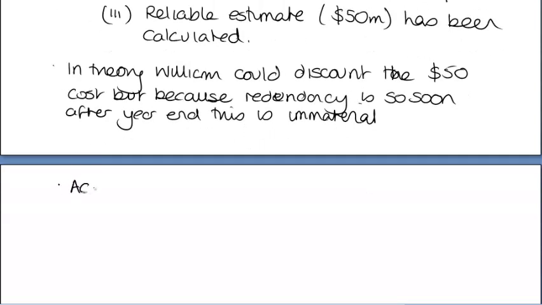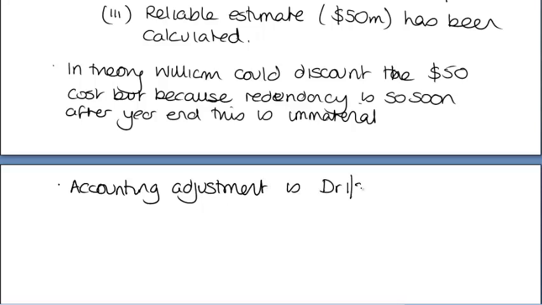So the accounting adjustment is debit income statement 50 million, credit provision 50 million.